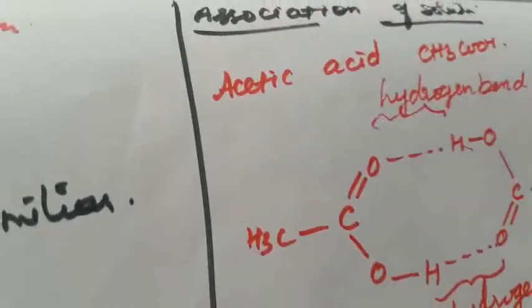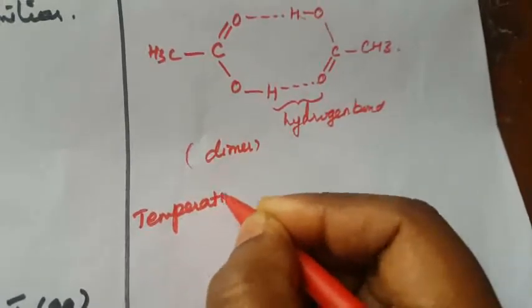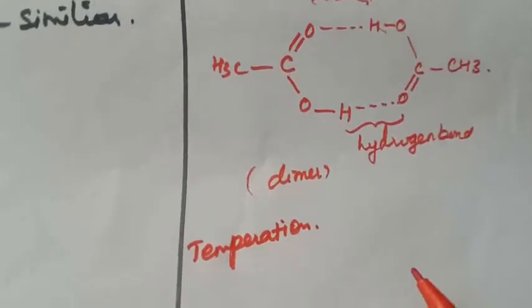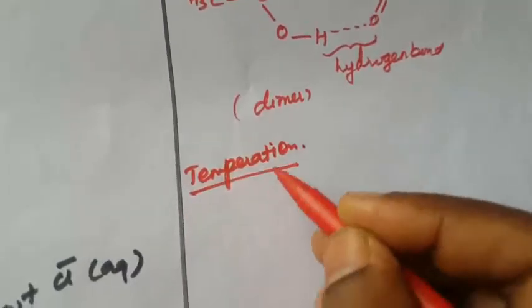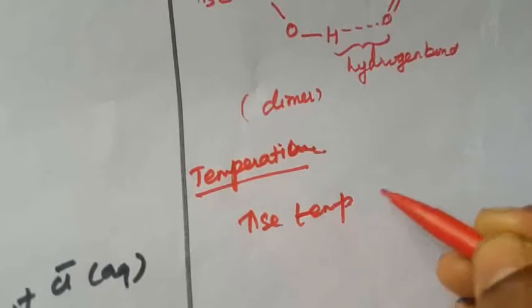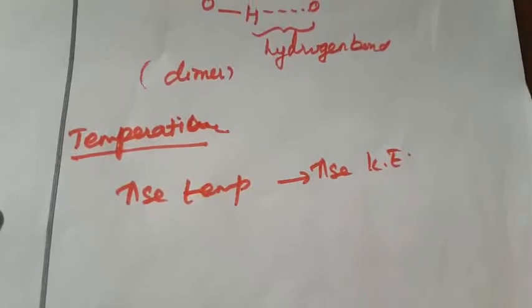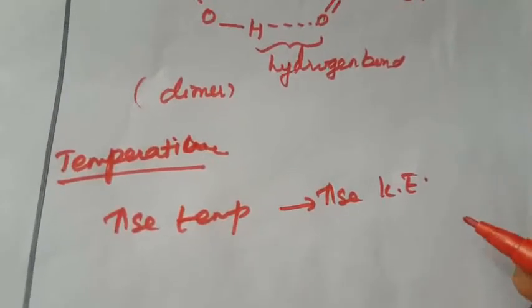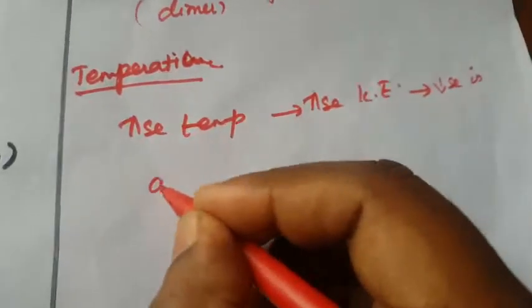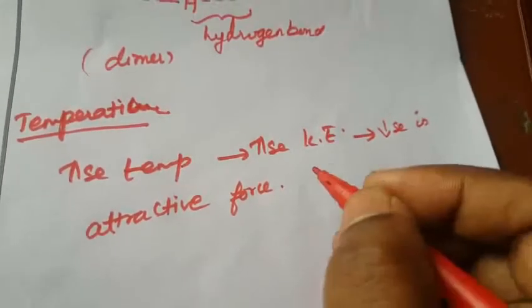Okay, so next one is temperature. What is meant by temperature? Increasing the temperature of the solution increases the average kinetic energy, which causes a decrease in the attractive forces between the molecules present in the solution.